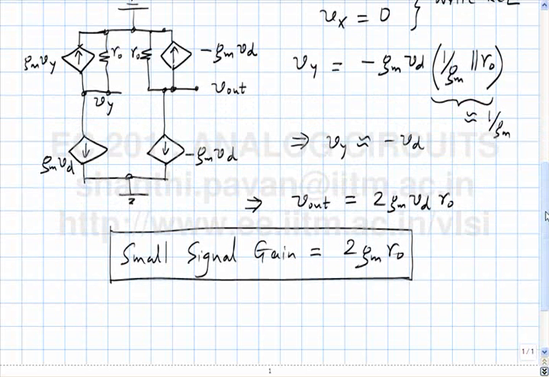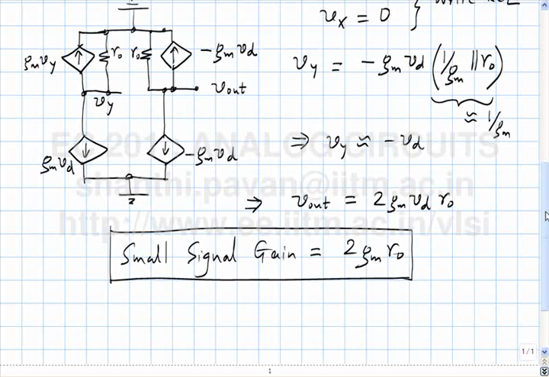And clearly, as R0 tends to infinity, what will you get? If R0 tends to infinity, what happens to the gain? The gain also goes to infinity. Okay, that's what we expected anyway when we did the active load for the common source amplifier.